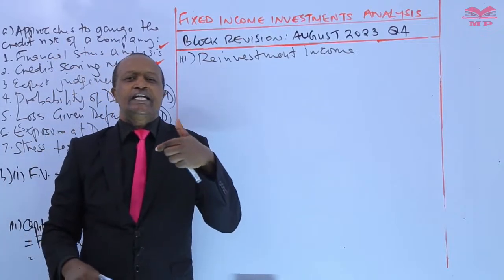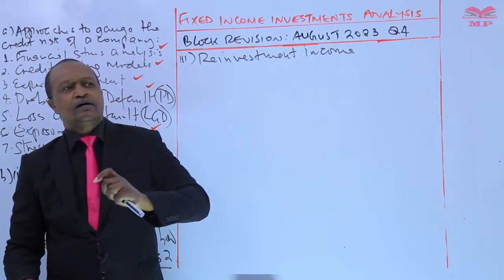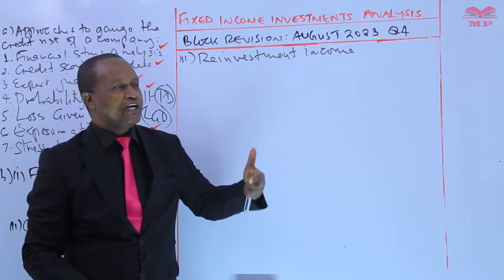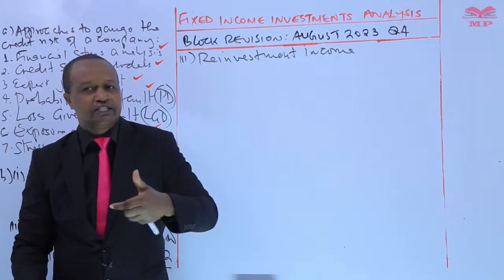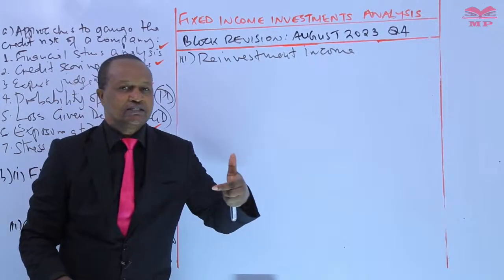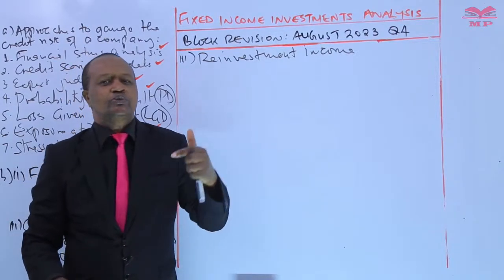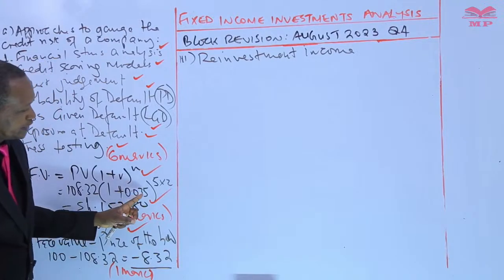Candidates, the investment income must be generated by reinvesting the semi-annual coupon payments from the time of receipt to the maturity date at the semi-annual yield to maturity. And we calculated here the semi-annual yield to maturity was 3.5%.